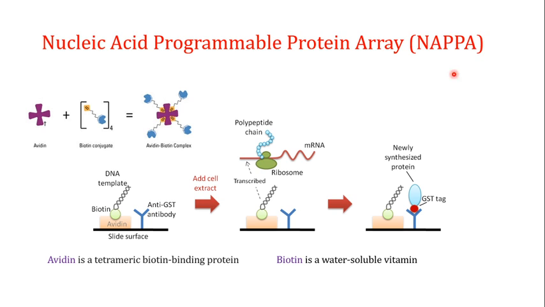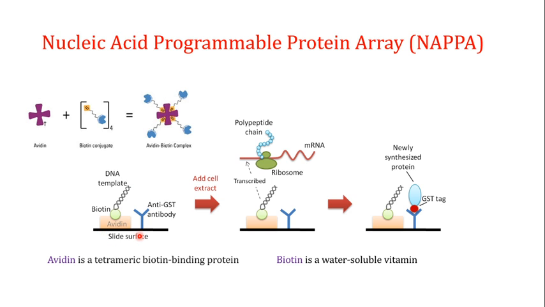Now in the nucleic acid programmable protein array, you have a slide surface, and on this slide surface you are immobilizing an avidin protein. You are attaching the avidin protein to the solid surface, and to your template DNA, you are adding a biotin molecule. So you are doing two things.